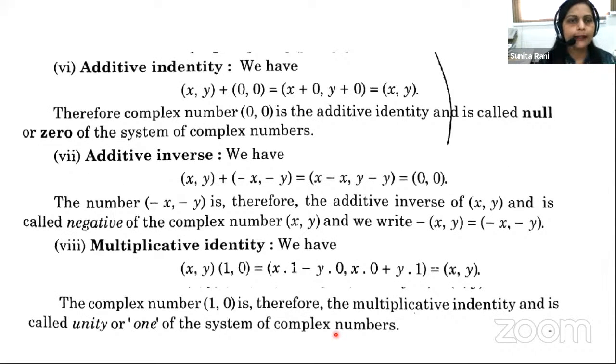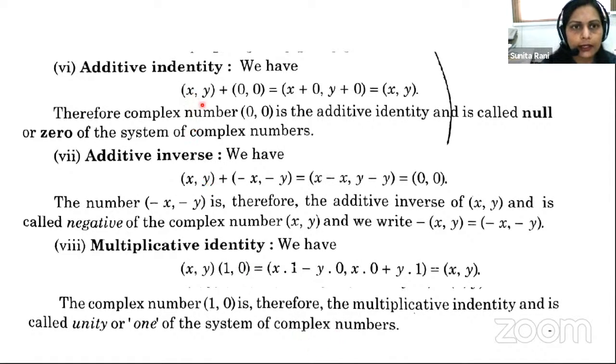Okay, next is additive identity. Additive identity means the identity which, when we add it to a complex number, gives the same complex number. Say you have a complex number (x, y), x plus iota y, and we add the zero complex number, we get (x, y) again.